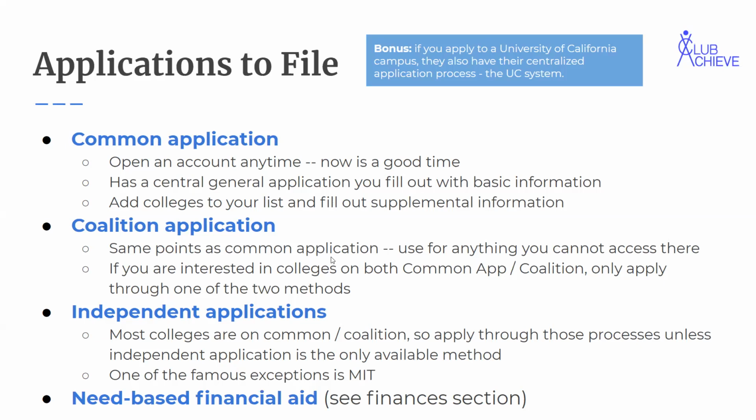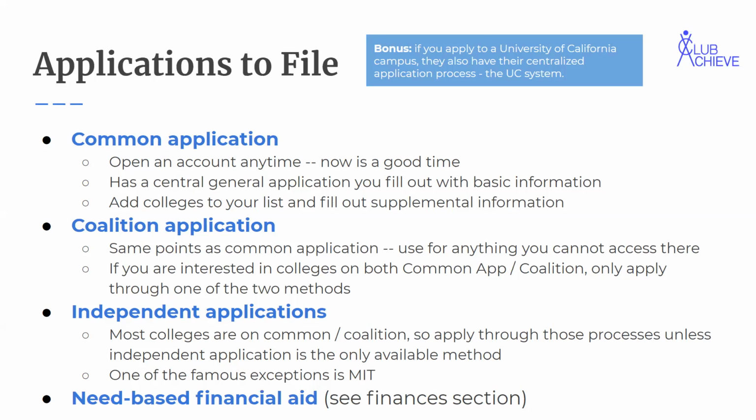What basically happens is you fill in all of your basic information, like your name, your contact information, your background for what you did in school, your information about your parents, and so on. After that, both of these applications have an essay that you're required to write.